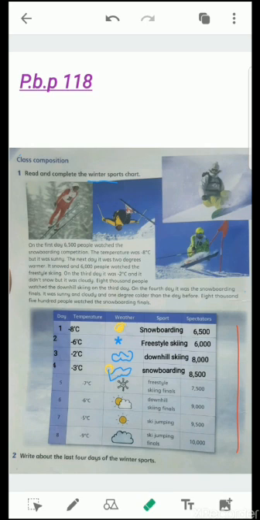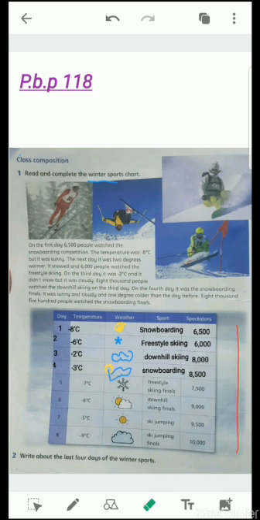On the fourth day, it was the snowboarding finals. It was sunny and cloudy, and 1 degree colder than the day before, which is day, of course, number 3. 8,500 people watched the snowboarding finals.